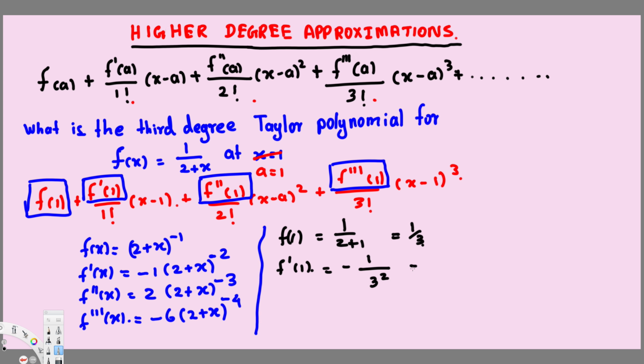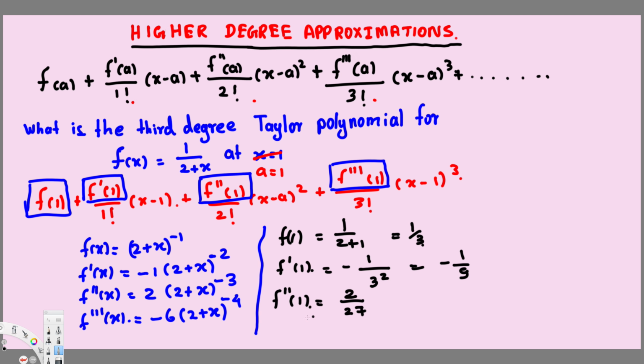So that's going to give us minus 1 over 9. And then we have the second derivative, and that's going to be 2 times 2 plus x to the power minus 3. That is the same as 2 over 2 plus x cubed. So we can write 2 in the numerator, and in the denominator 2 plus 1 is going to be 3 cubed. So 3 cubed is 27. So we are going to have 27 in the denominator.